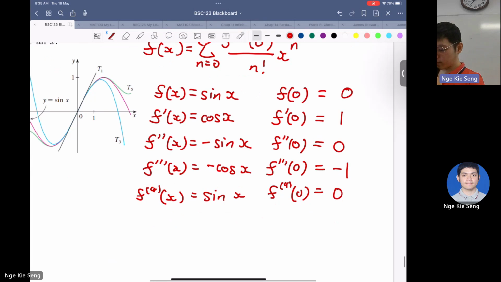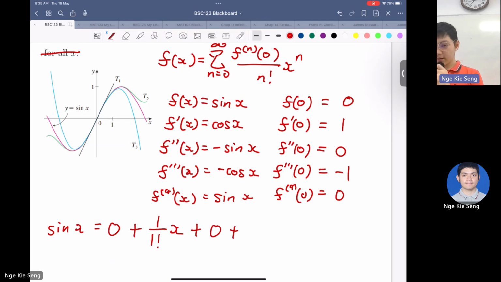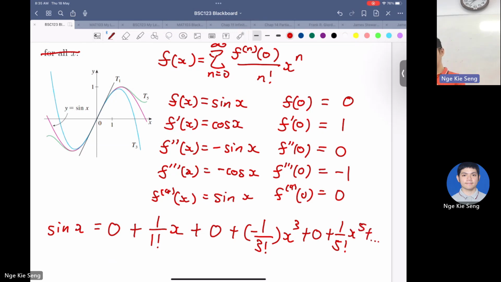So what do we do here? Sine x is equal to 0 plus 1 over 1 factorial times x, plus 0, plus minus 1 over 3 factorial times x cubed, plus 0, plus 1 over 5 factorial times x to the fifth, and then minus 1 over 7 factorial times x to the seventh, and so on.